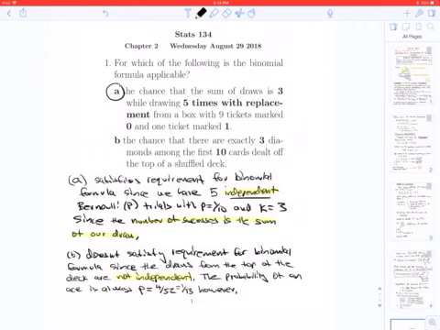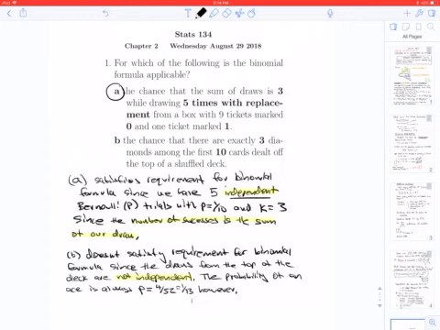Now B, however, we do not have independence because we're just drawing off the top of the deck and not replacing the card back into the deck and reshuffling. So we know that the chance of a diamond is always, there are 4 diamonds in the deck, so it's always 4 out of 52. I'm not making a conditional probability.